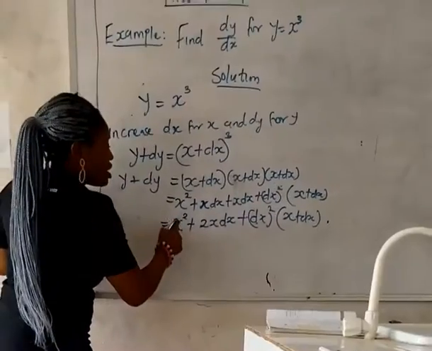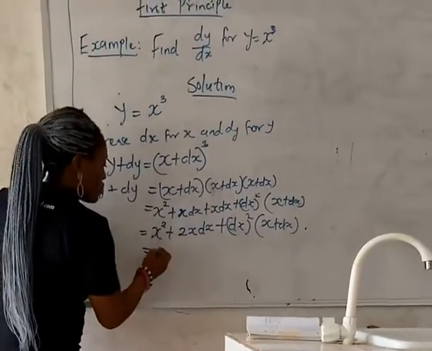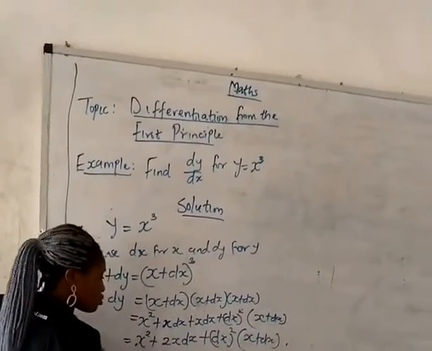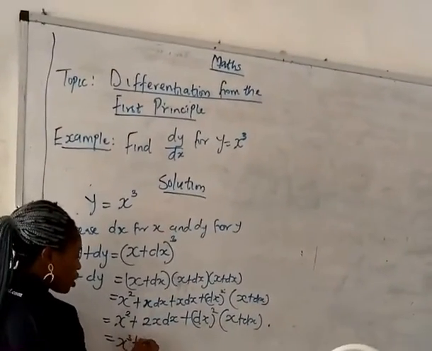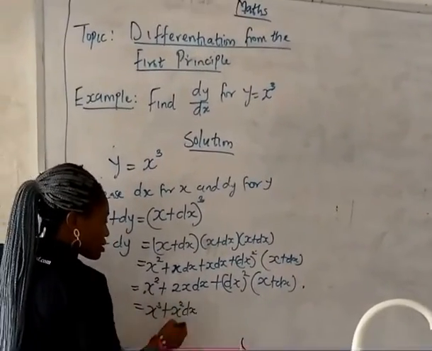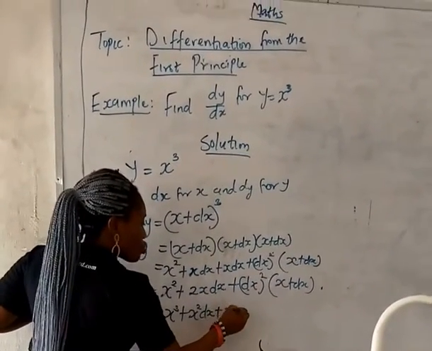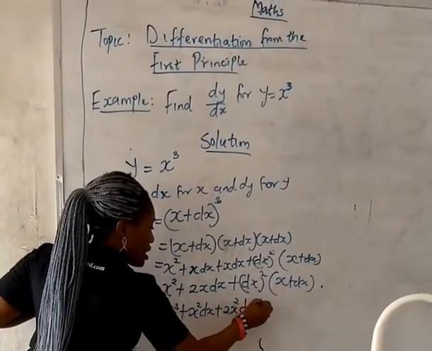So x squared times x will give us x cubed. x squared times dx will give us plus x squared dx. 2x dx times x will give us plus 2x squared dx.